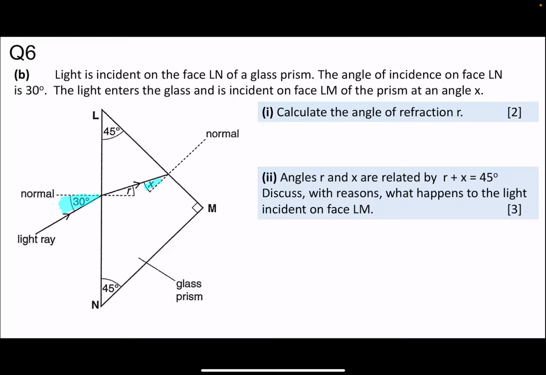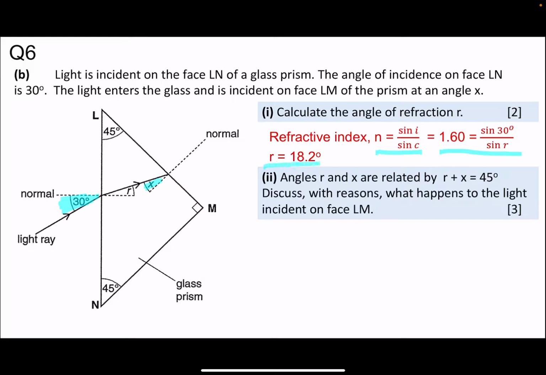So this is a straightforward case of using Snell's law, where refractive index equals sine i over sine r. So in this case, 1.60 equals sine 30 over sine r, giving r as 18.2 degrees. Or you can leave your answer as 18 degrees to 2SF.